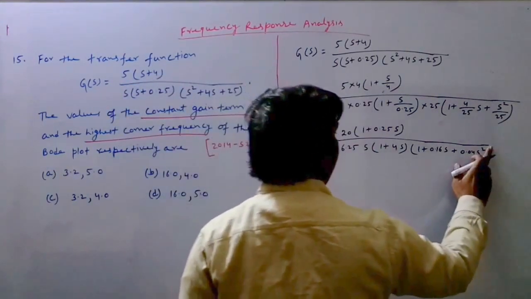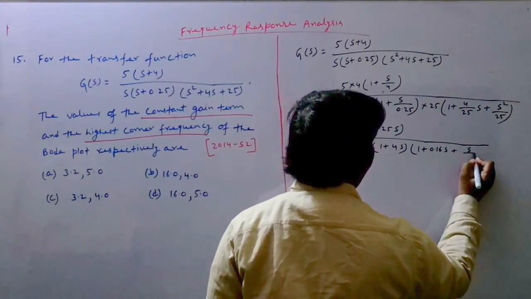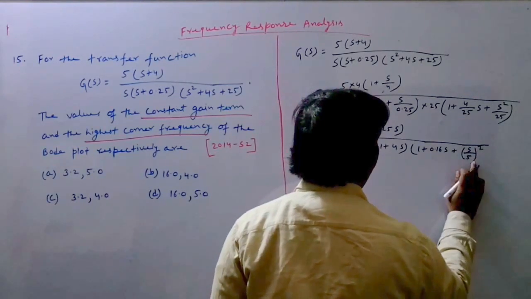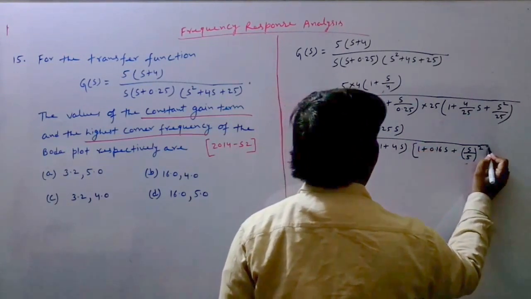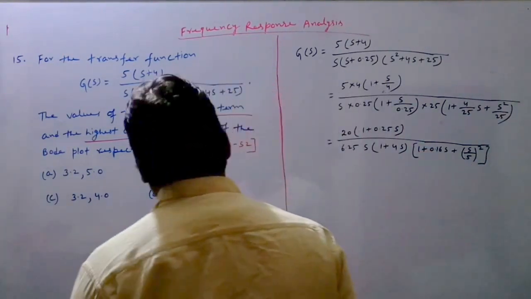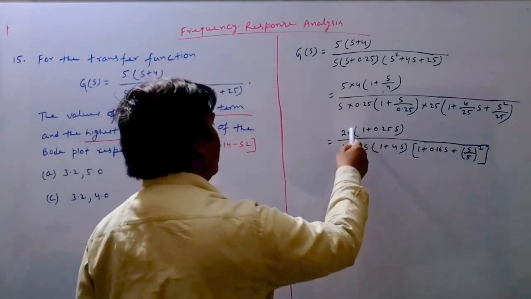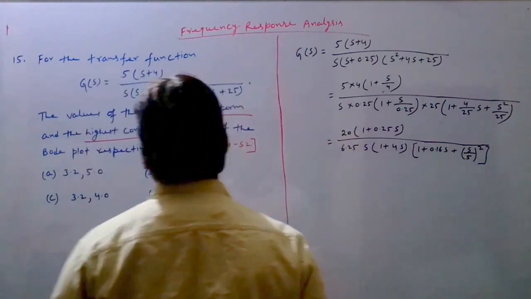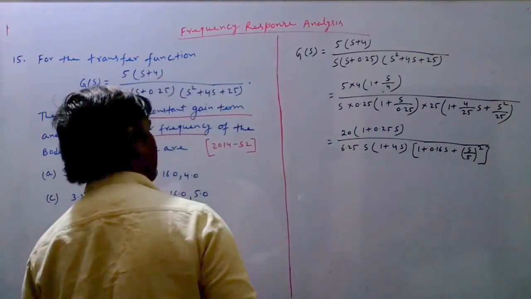Or here we can write s by 5, this square, like that. Now if we divide this 20 by 6.25, then it will come around 3.2.